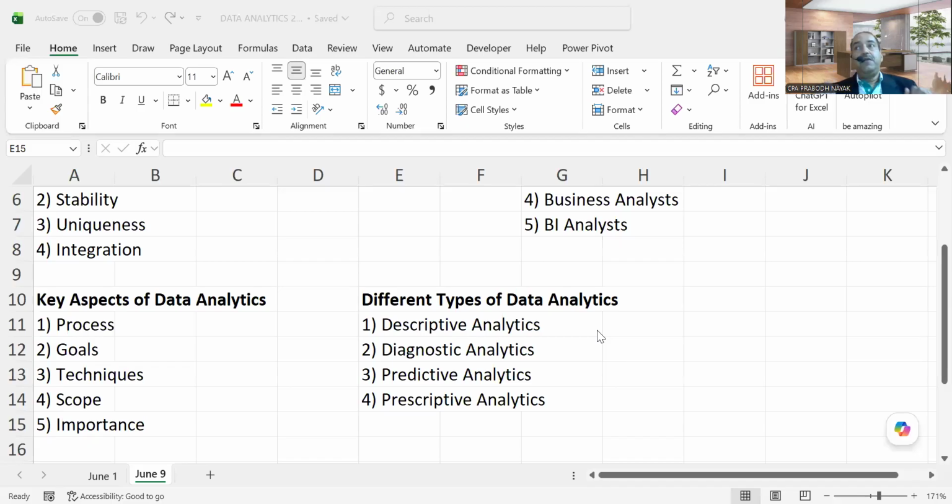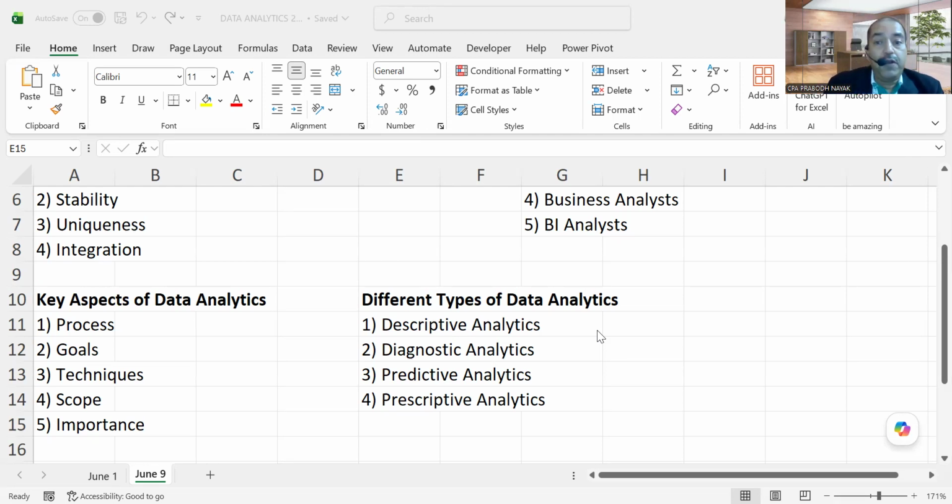What has happened in the past? Let us say that in the past, we found that revenue was falling for a business. Business ka revenue was falling. It was decreasing. The first one, that was the descriptive analysis. Diagnostic analytics में क्या किया हम लोगों ने? Why was the business revenue falling?